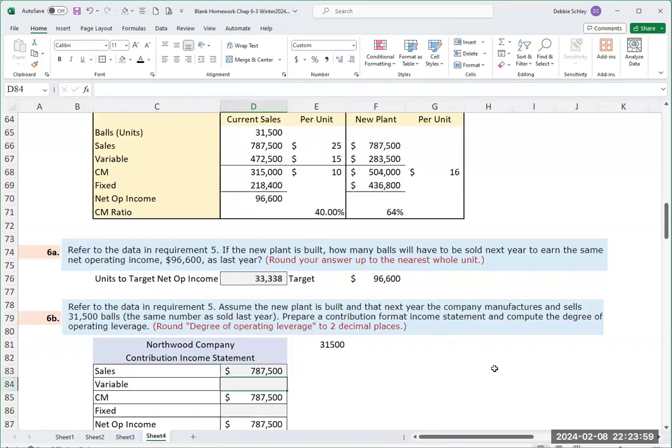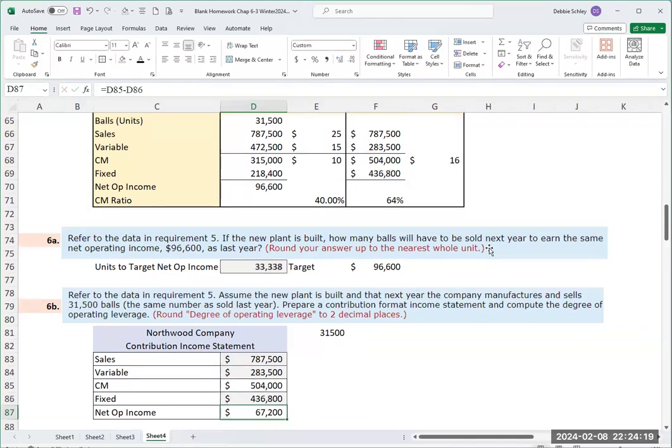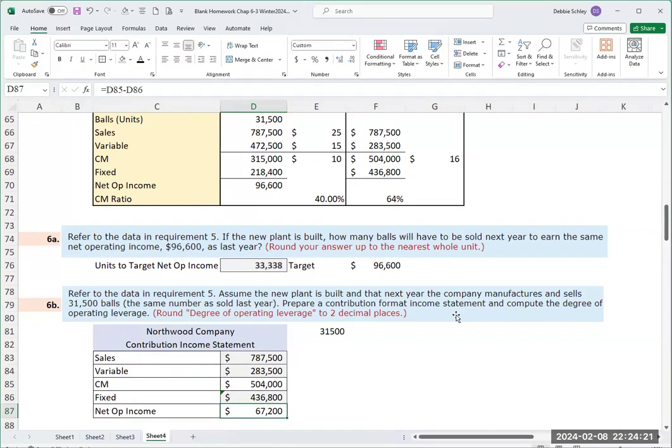My sales were the same. And here's my variable that was 40% less. And McGraw-Hill subtracted to get my contribution margin. And then my fixed expenses were doubled, remember? So there's my contribution format income statement using this data.